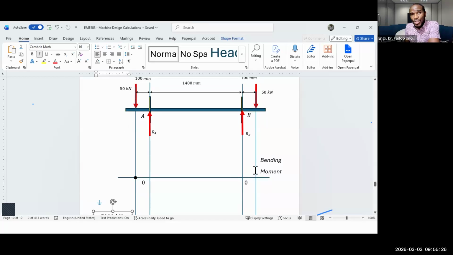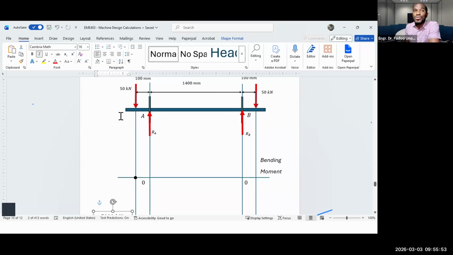And the direction is anti-clockwise. Then RA, which has a value of 50 kilonewtons, is itself clockwise, right? However, its moment about point B is 50 kilonewtons times 1,400.